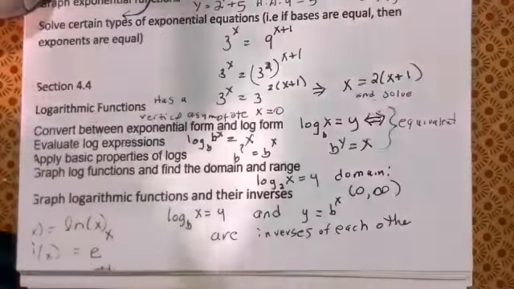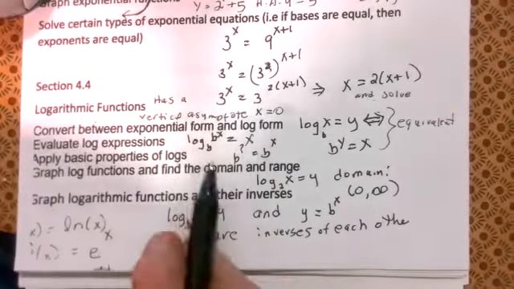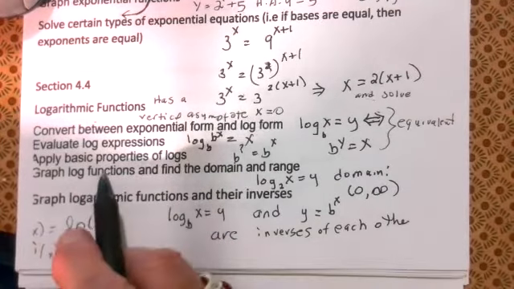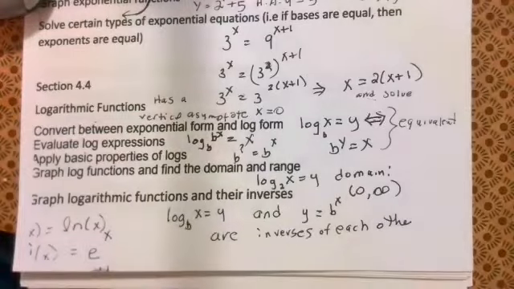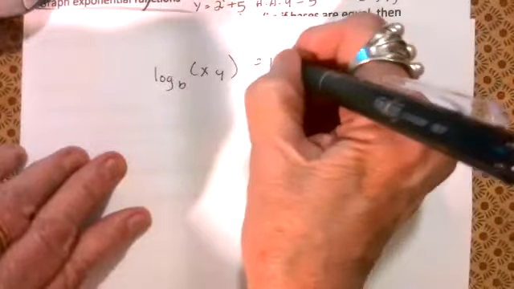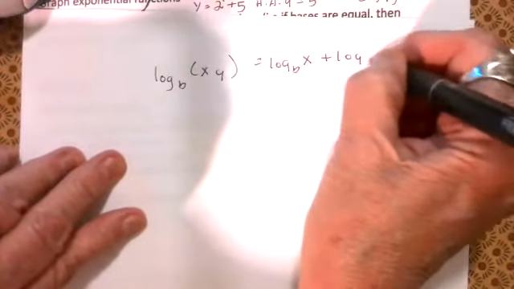So anyway, so much about evaluating logs, and I did a video on that. Apply the basic properties of logs. For one thing, there's log base b of x times y equals log base b of x plus log base b of y.